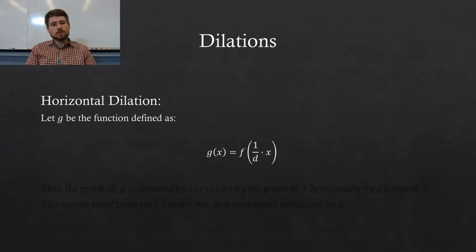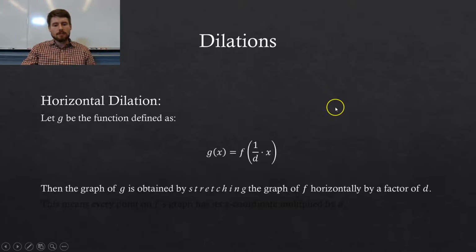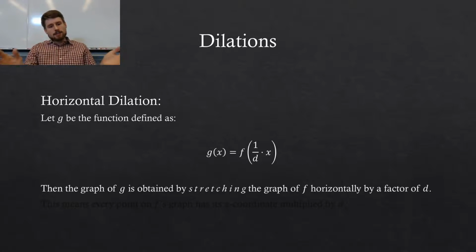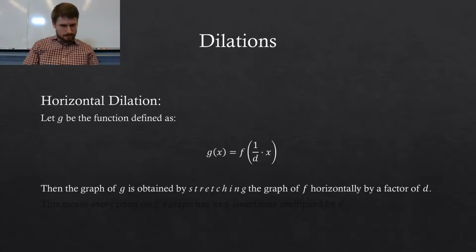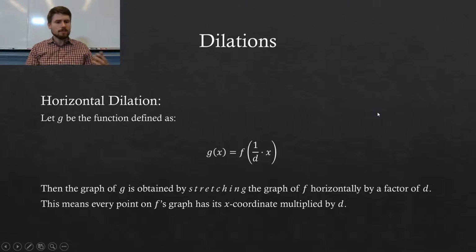And what this will do is stretch the graph of f horizontally by a factor of d. So we're going to stretch it horizontally by whatever d is in this case. And the same reasoning applies. That means we're going to multiply every point on f's graph, multiply its x coordinate by d. So whatever d is.